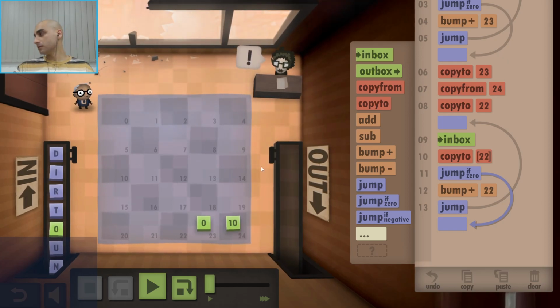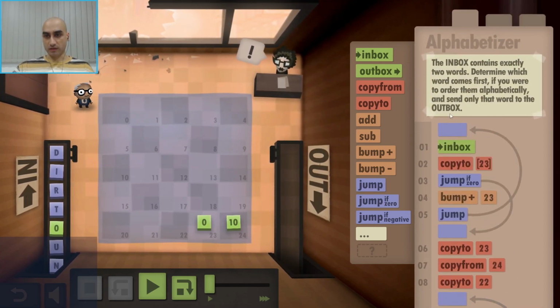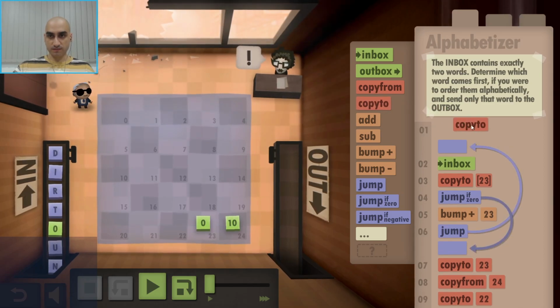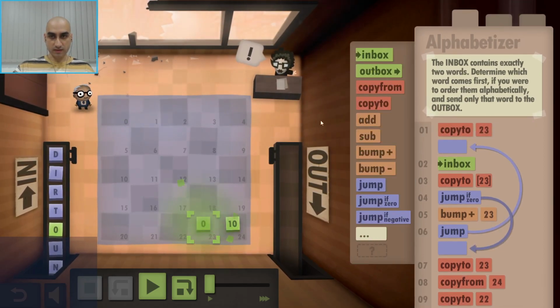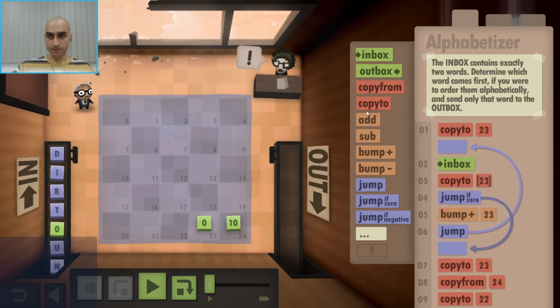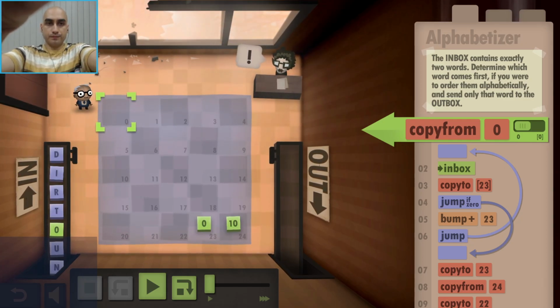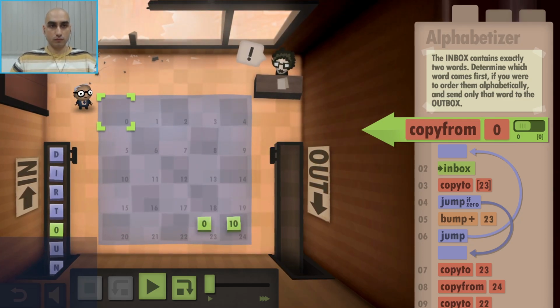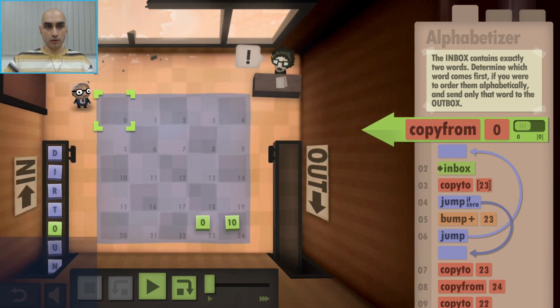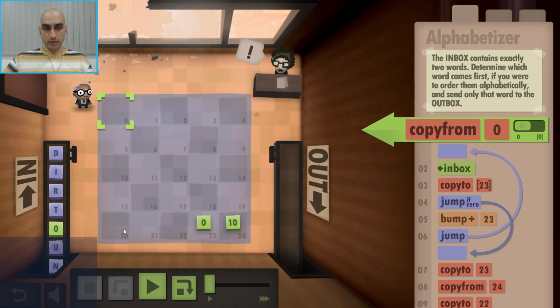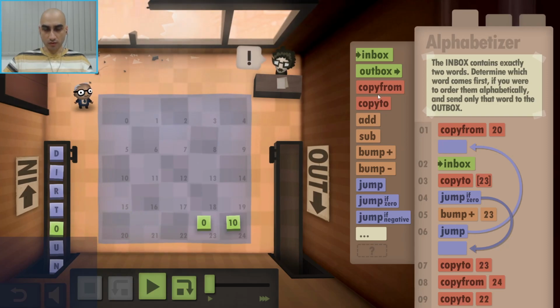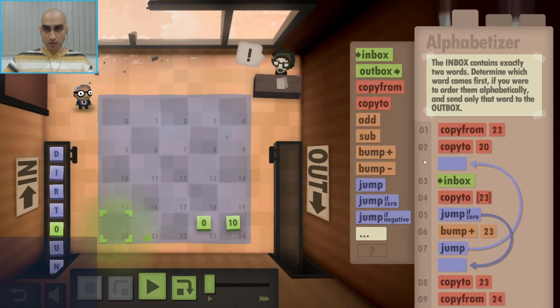Oh. Okay, I get what we have to do here. Before we do any of this, let's just copy these counters to the bottom left corner. Copy from there. Copy to there.